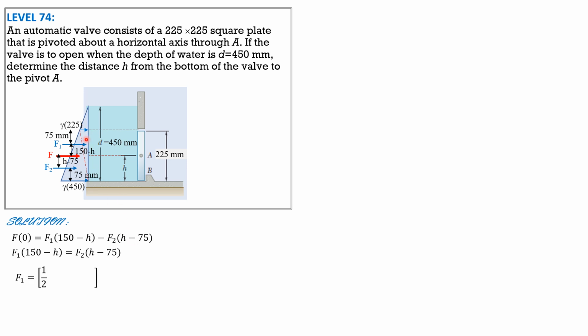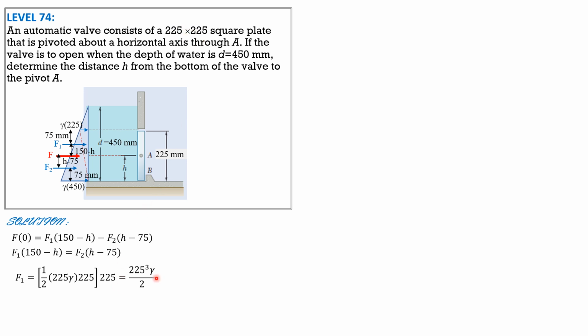So F1 is 1/2 of 225 gamma times 225 height times perpendicular to the board, 225 also. So again, 1/2 of base times height, 1/2 of gamma times 225. Height is 225, then perpendicular to the board, because the gate, or the valve, is square, 225 by 225, so times 225.